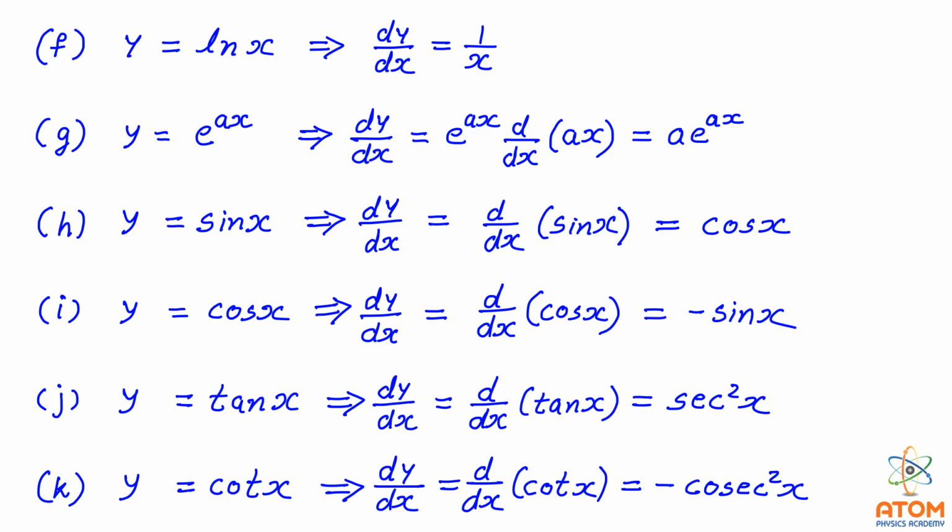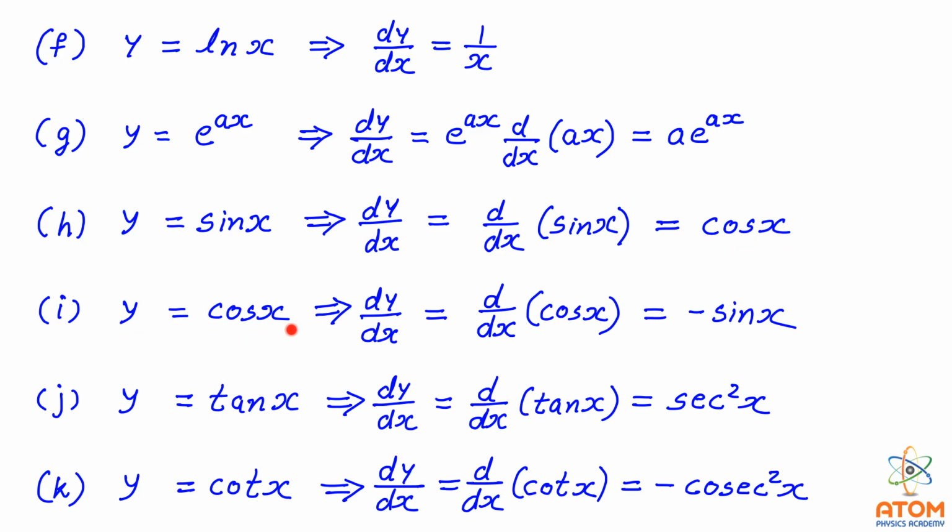So obviously it will become a e raised to ax, because when you take differentiation of ax, a will remain as it is and the differentiation of x with respect to x will become 1. So it is a e raised to ax. Then if y is equal to sin x, then dy by dx is cos x.